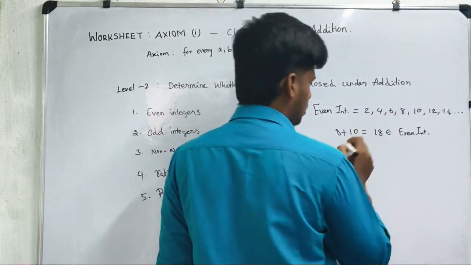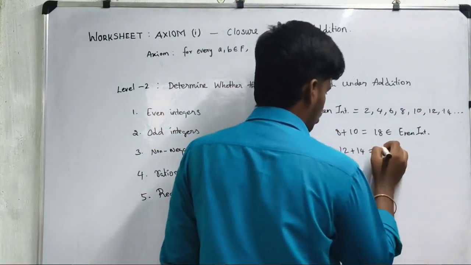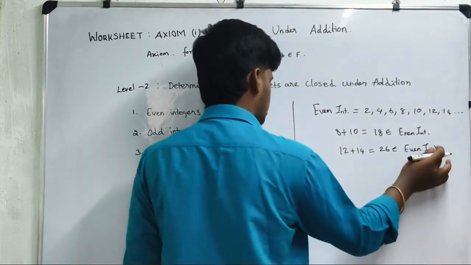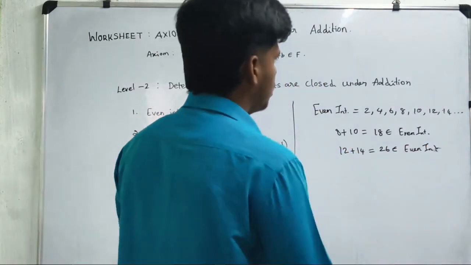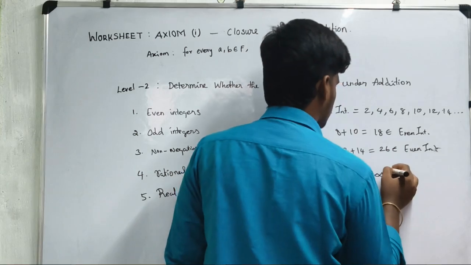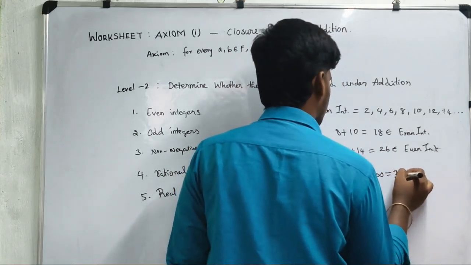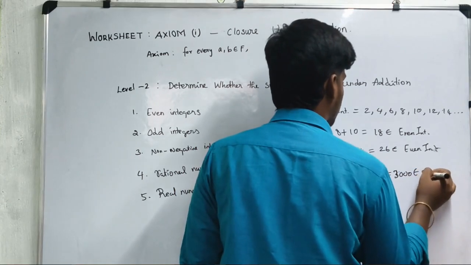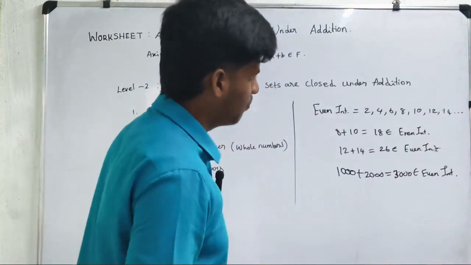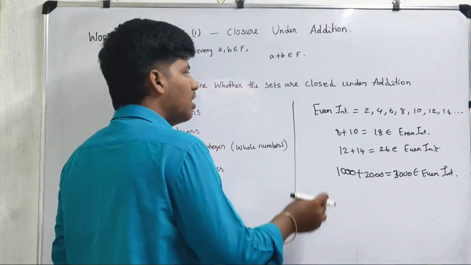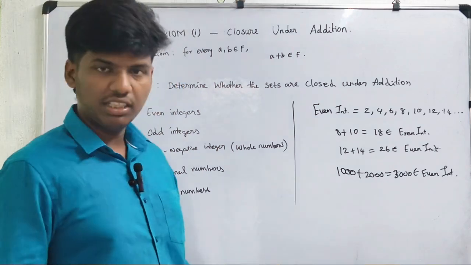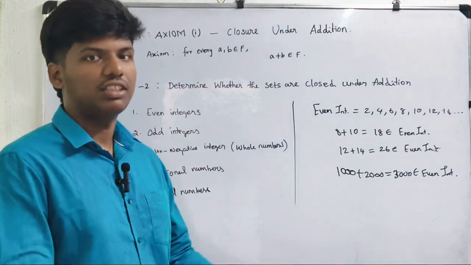I take another two numbers, like 12 plus 14, which is 26, which belongs to the even integers. And another two numbers, like 1000 and 2000, which equals 3000, which also belongs to the even integers. By that we conclude that if we take any two numbers from the even integers, we definitely get an even integer.